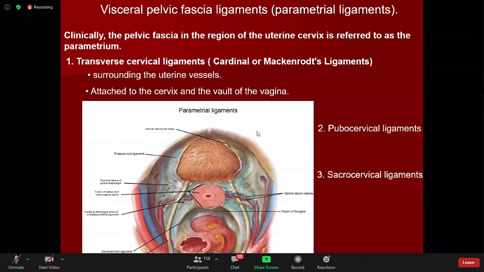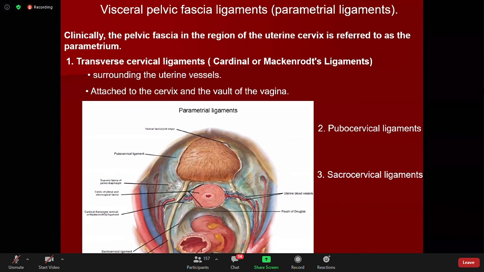But you have to be careful. Why do you have to be careful? What is this structure here? The ureter. So the ureter is actually passing underneath the transverse cervical ligament. So what might happen sometimes by mistake, while they are ligating the arteries, is they ligate the ureter.